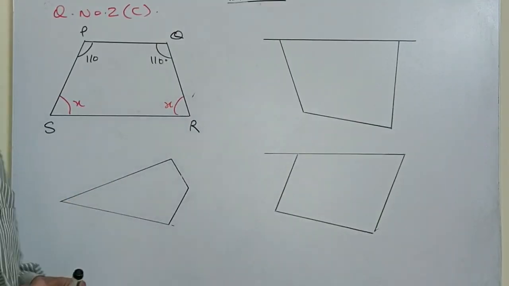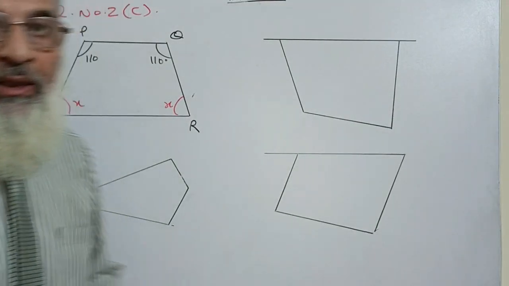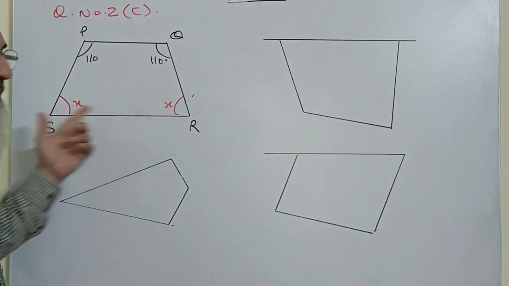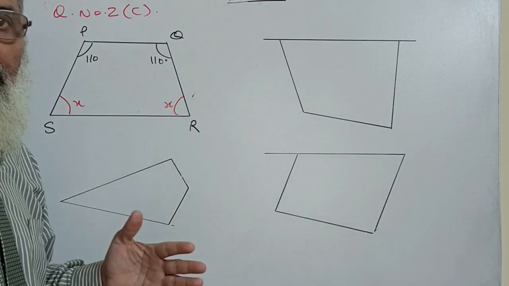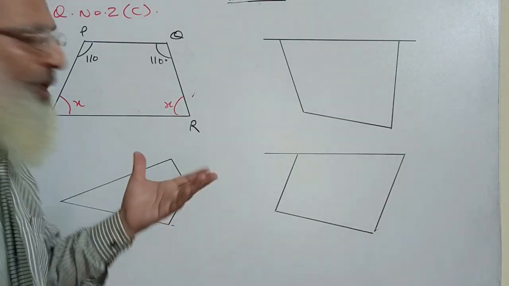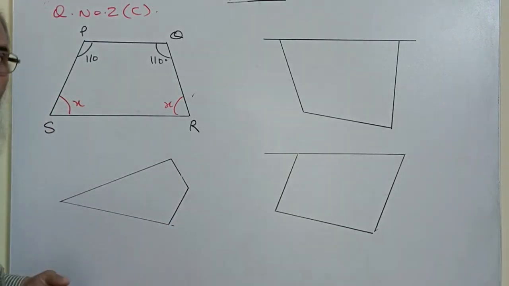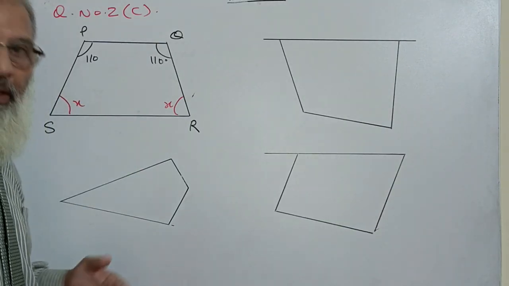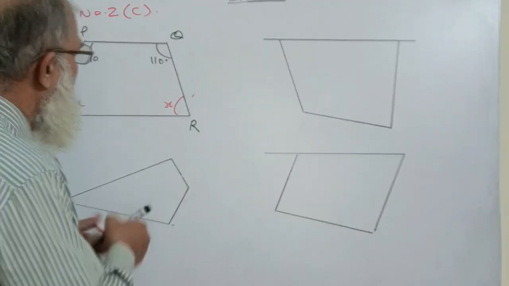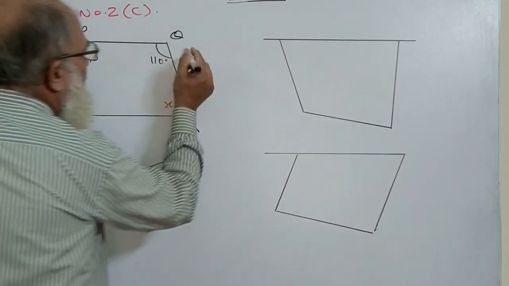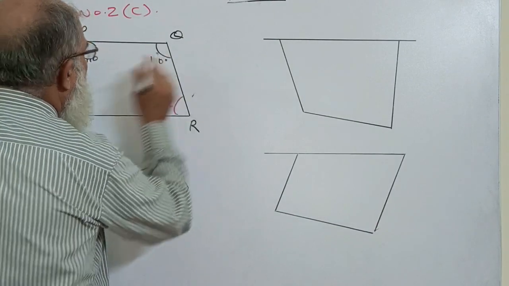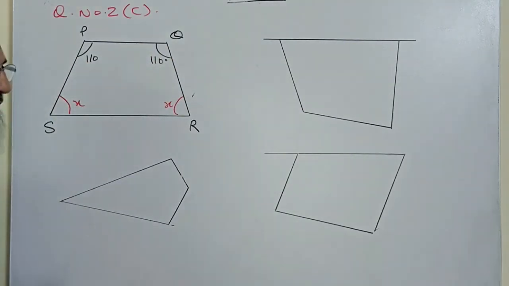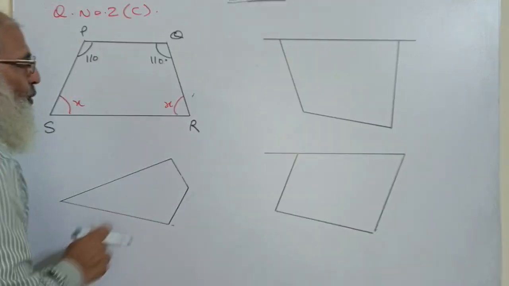It is very simple to solve, because as we know the interior angles of a quadrilateral sum up to 360 degree in total. This angle and this angle are equal to 220 degree.